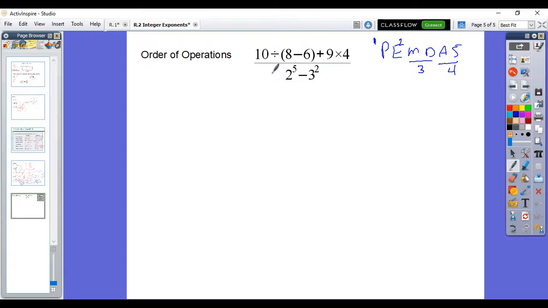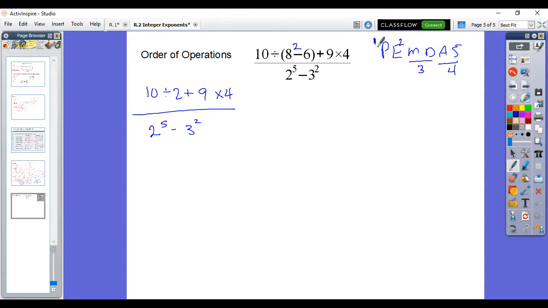We always look at parentheses. Alright, here's a parentheses. We do all the work inside the parentheses first. The work saying here is 8 minus 6. Get a 2. Alright, so now we have 10 divided by 2 plus 9 times 4 over 2 to the 5th minus 3 squared.